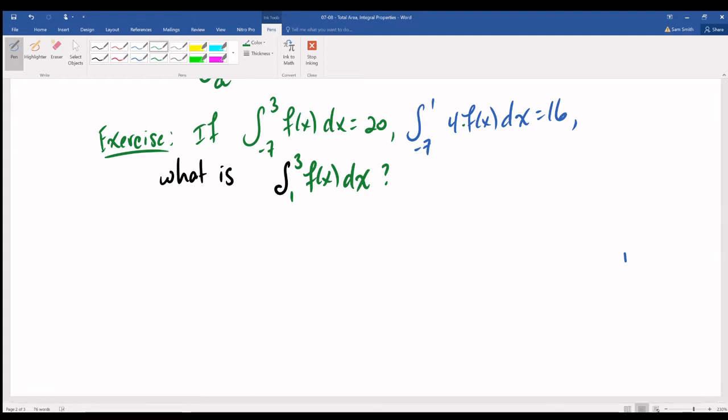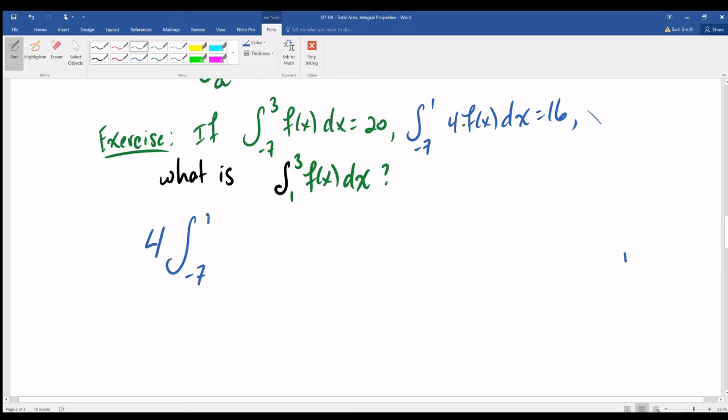Now the first thing that I would like to do is deal with this second statement, because this is the only statement at the moment that is telling me about the integral not of f of x itself, but of 4 times f of x. Now remember that we have this constant multiple rule for integration, which says that constant multiples on the inside of an integral can be pulled to the outside of an integral and done at the very end of the integration.